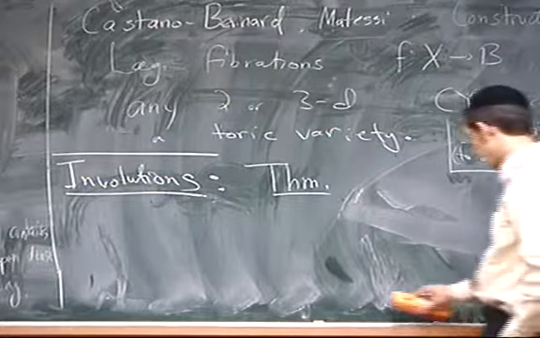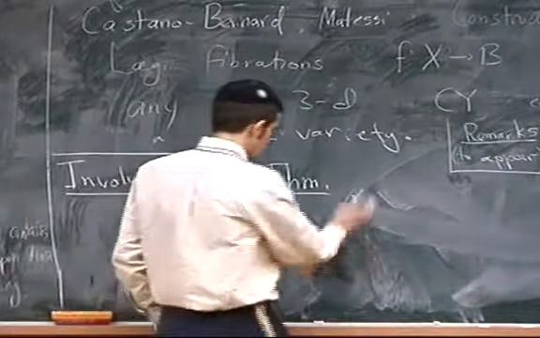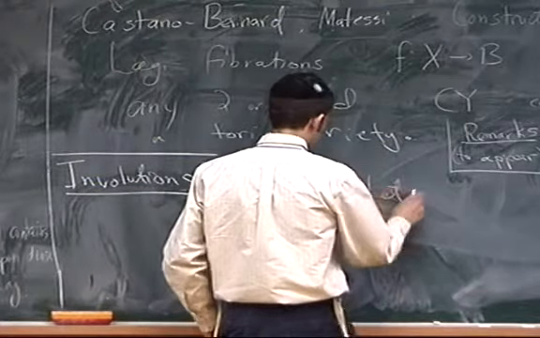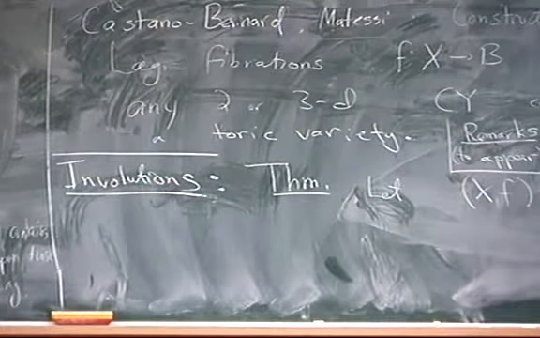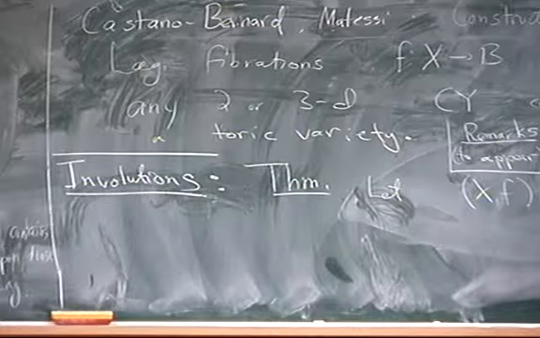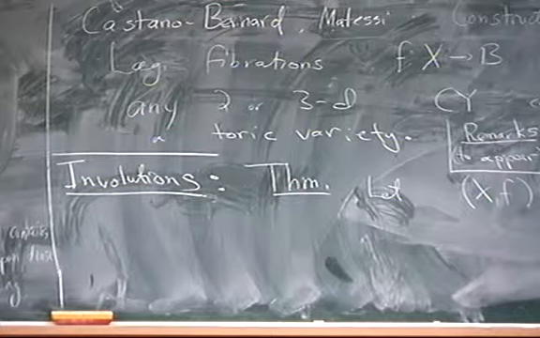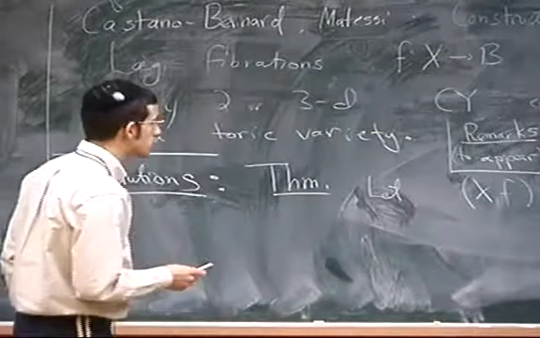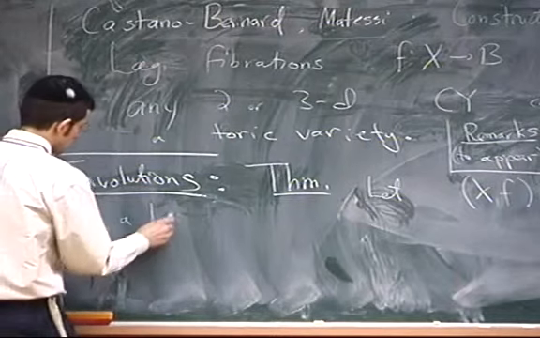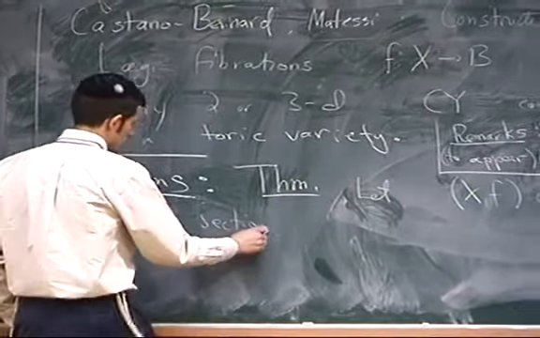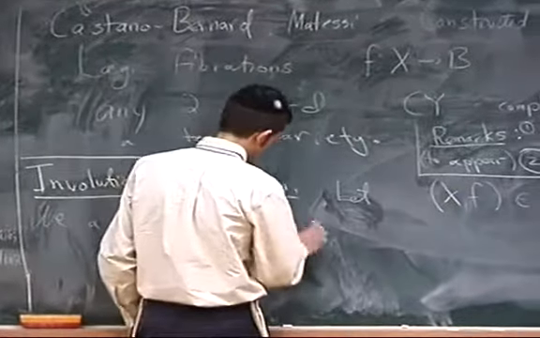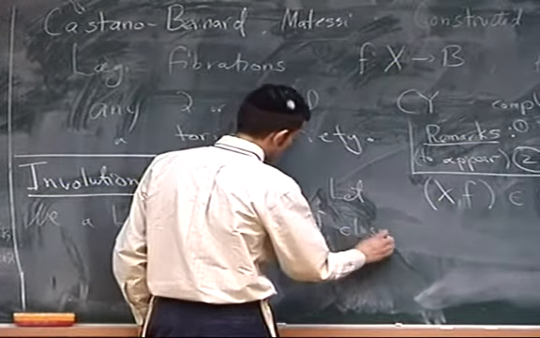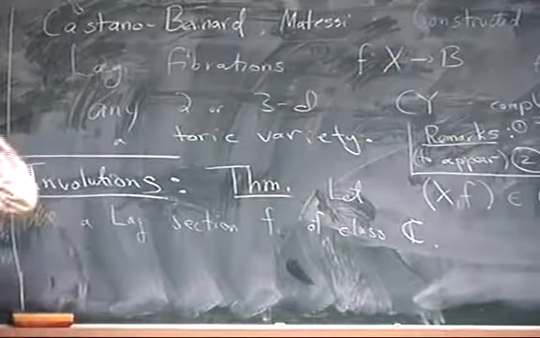So the theorem says that, let F be some fibration of class C. Let's say that sigma be a Lagrangian section of F, and we'll have to impose some conditions here, of class C with some extra decoration.